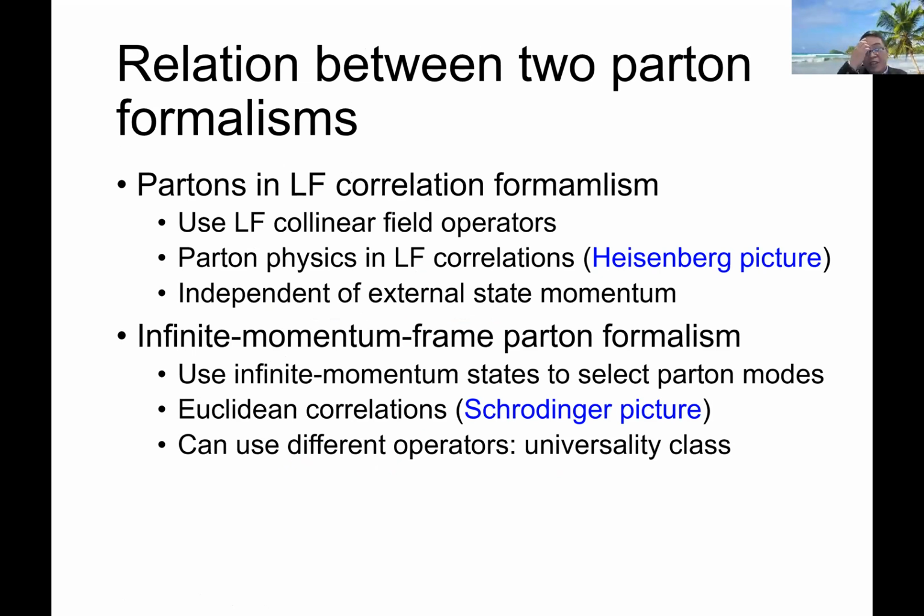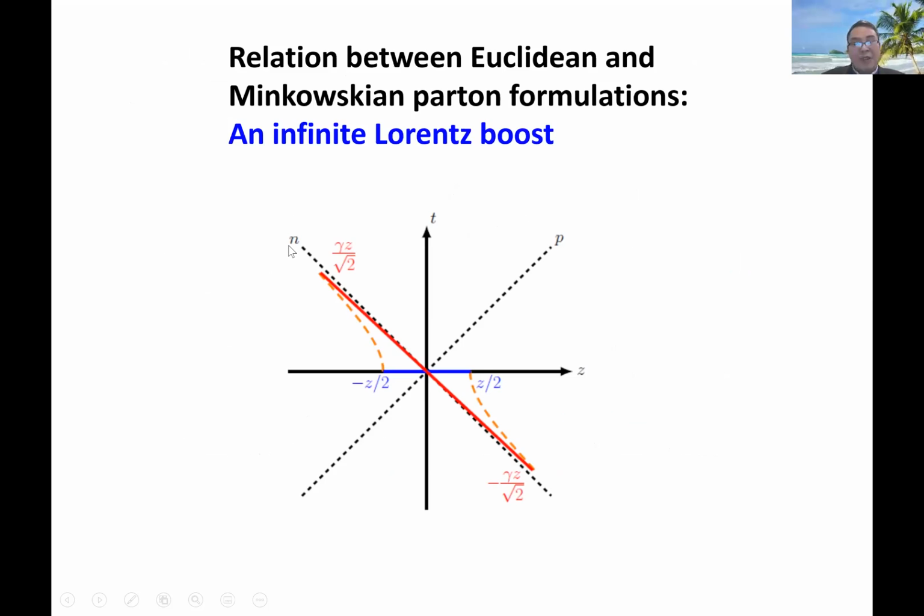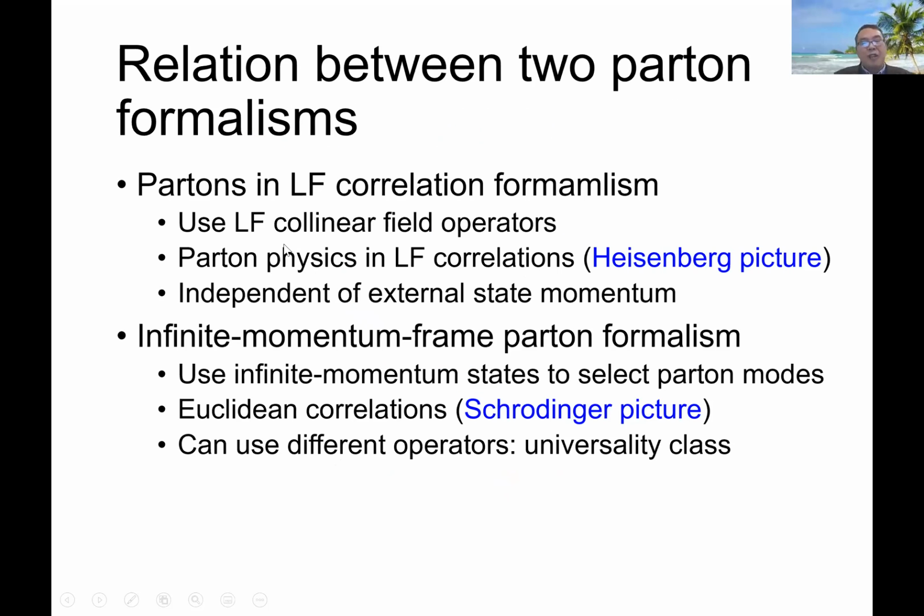Now, what is the relationship between these two different formulations of partons? The textbook formulation is in terms of light-front correlation functions and involves time. So it's very much like the Heisenberg representation. In this formulation, the matrix element is independent of external hadron momentum.